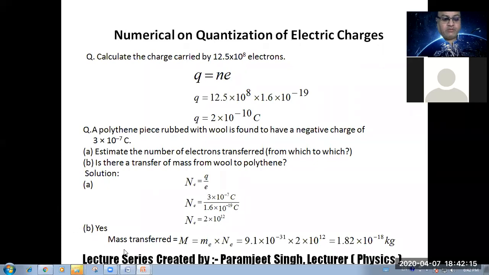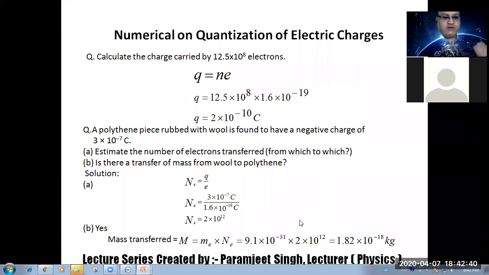So how much mass? The number of transferred electrons times the mass of the transferred electron. How many electrons transferred? 2 into 10 raised to power 12, that is capital M. And mass of one electron, that is small m, is 9.1 into 10 raised to power minus 31 kg. So multiply, get the answer.